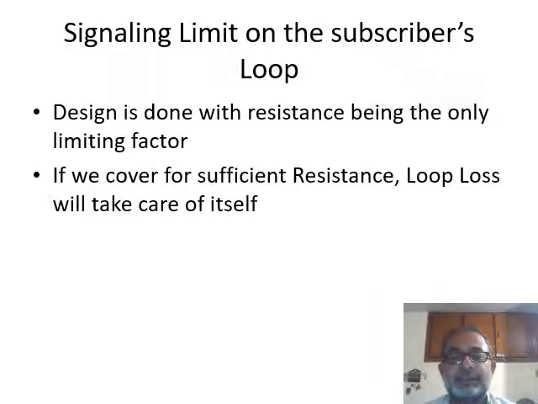And what affects signaling? Resistance of the loop affects the signaling. So while designing a signaling and checking if the signaling is done properly, we need to check the resistance of the loop. If we check the resistance, because it is the limiting factor in signaling, then the loop loss in dBs will take care of itself. It would be okay.